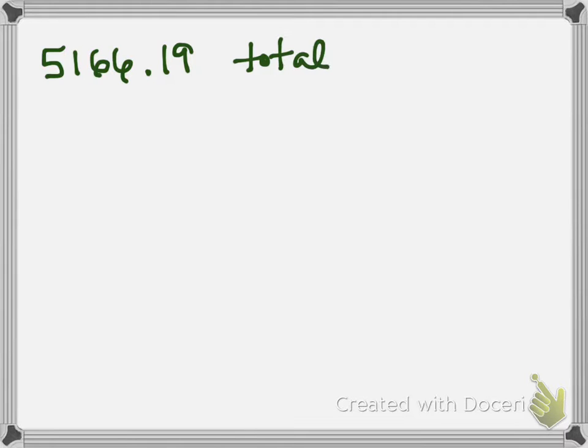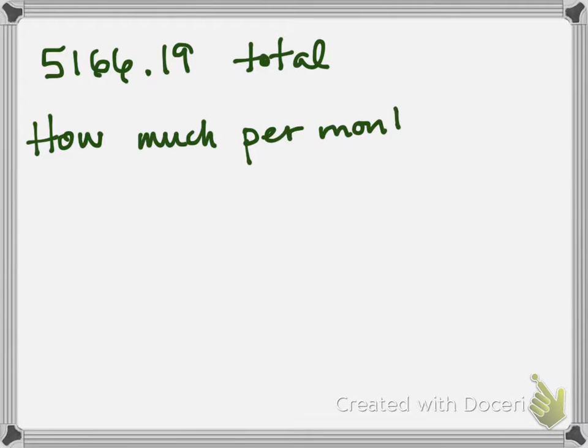But if you're buying a car with a loan, you don't pay for all that at one time. You split it up into monthly payments. So we've got to figure out how much that is per month. How much am I going to have to fork out of my paycheck each month? First of all, how many months? This is over 5 years, right?